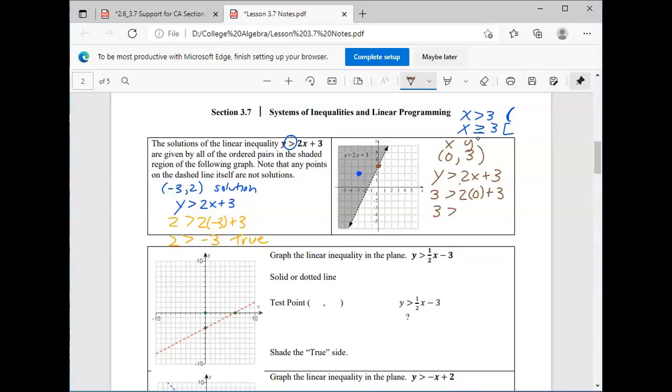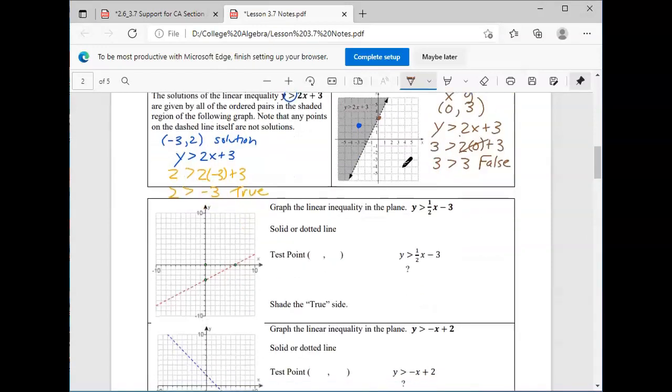So 3 is greater than, that's going to cancel out, 3. That's false because there's no equal to part here. So whatever is on that dashed line is not a solution. Everybody okay with that? If the line was a solid line, it would be a solution. So that's what these problems are trying to get you to figure out, which points are going to be solutions and which ones are not.